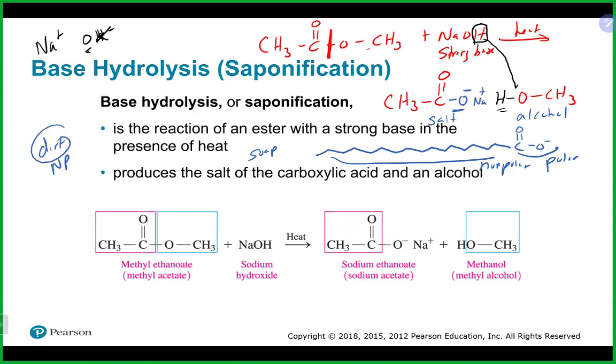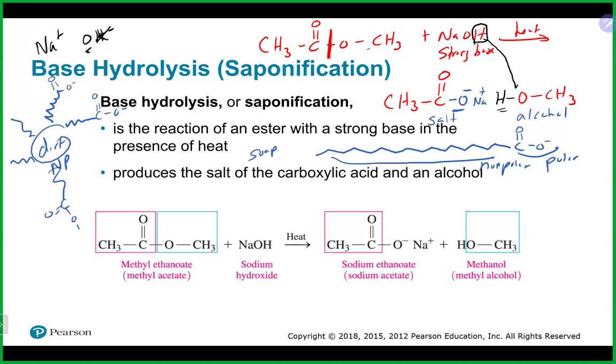So what happens when you use soap is the nonpolar part of soap, which is that really long carbon chain, traps all the dirt in it because they will mix together, nonpolar, all good. And it will make what's known as a micelle and create the polar part on the outside, which is really good because now you have trapped all your dirt, which is nonpolar, and you have on the outside the polar part of soap.